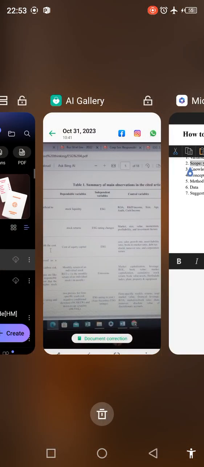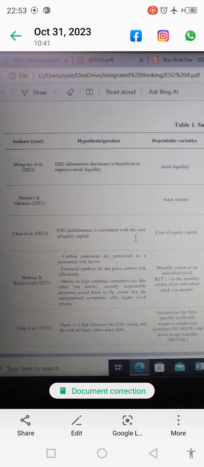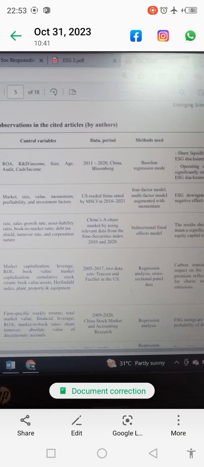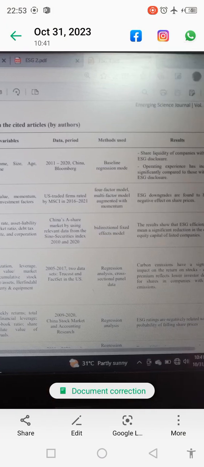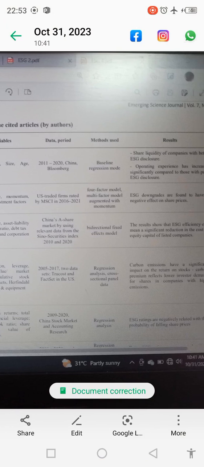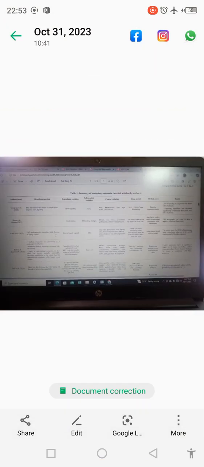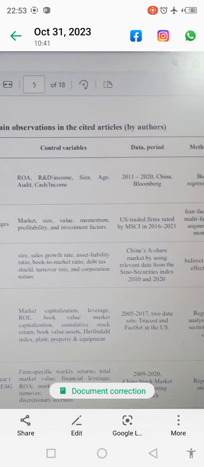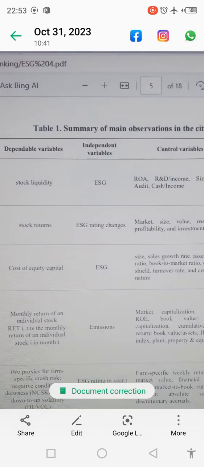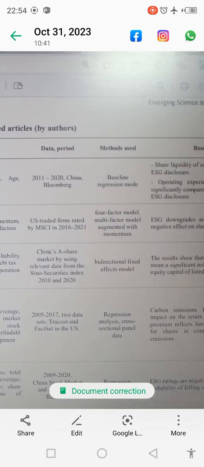Now let me take you back to the format of our literature map. I hope you can see these dates, the data and period. I hope you can see that the data this particular first study covered is 2011 to 2020.